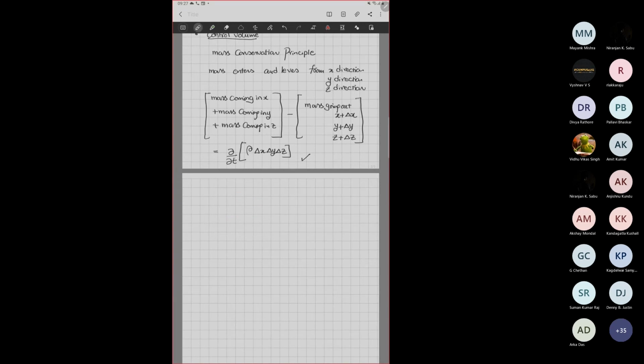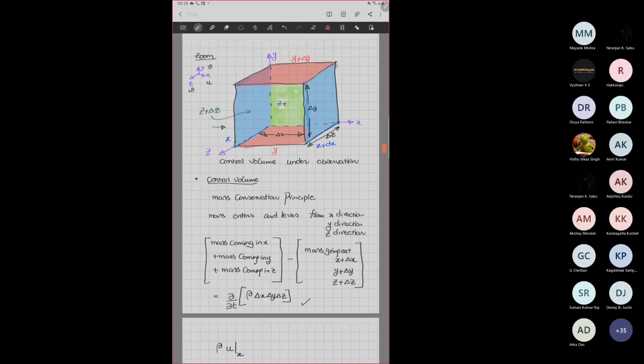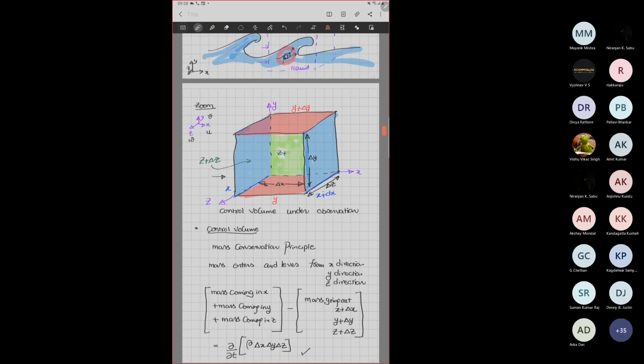So mass coming in. How am I going to represent mass coming into the system? Density rho, the velocity u, at which location it is coming in, at x location. From which area is it coming in? From the x area. That means each and every location on that surface has a velocity u at a given x location, but it may vary in the y direction and z direction.